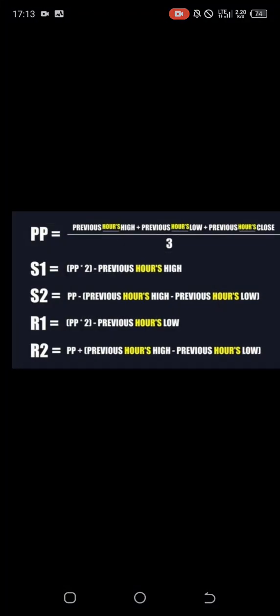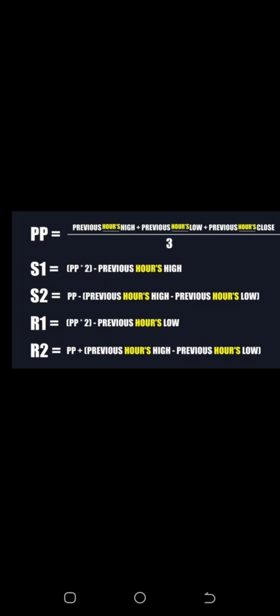And then if you want to calculate resistance level 2, you put the pivot point, and then in brackets you calculate the previous high minus the previous low. It's very simple. You just have to rewatch, take a paper and a pen, jot it down, and try your hands on it.